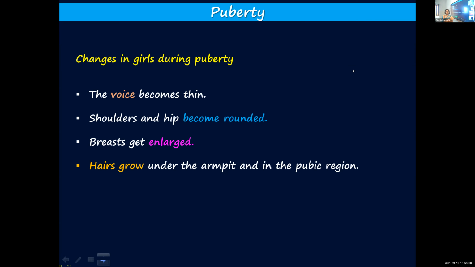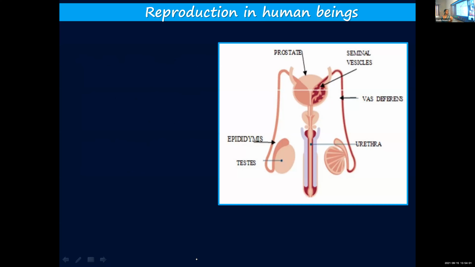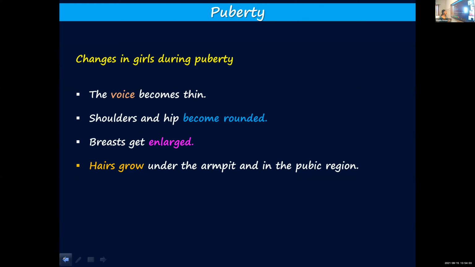So in both girls and boys, so many changes are taking place at the time of puberty, even before that. From the time we are born, so many changes are taking place in our body. For example, our weight increases, height increases, our milk teeth will be lost and you develop new teeth.